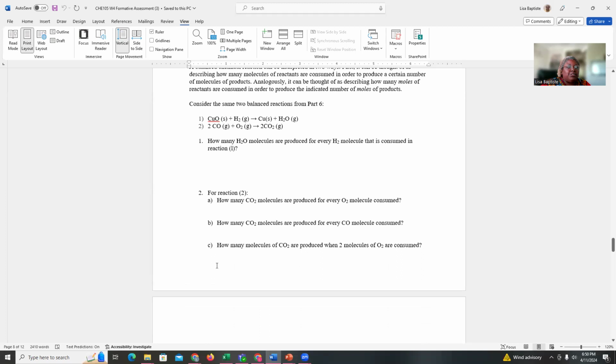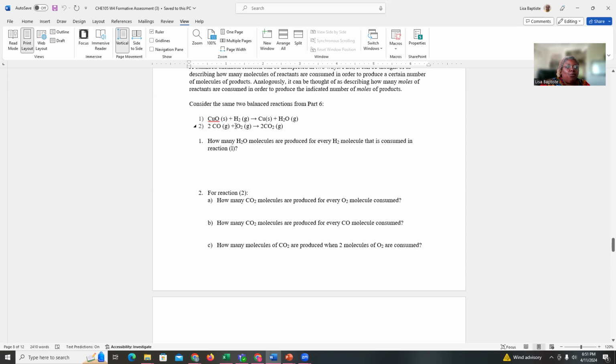But when you get to something like part C, for number 2, it says how many molecules of CO2 are produced when 2 molecules of O2 are consumed. So if we look at O2, there's not a coefficient written, so that means it's 1. And then the coefficient for CO2 is 2.